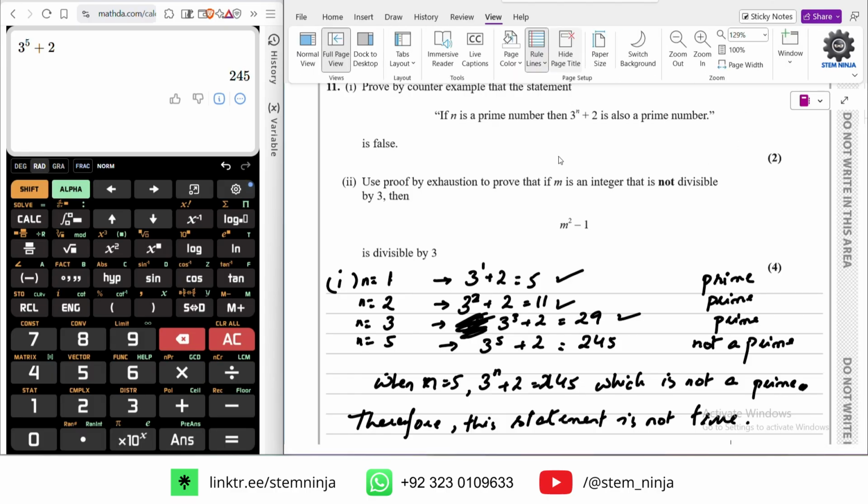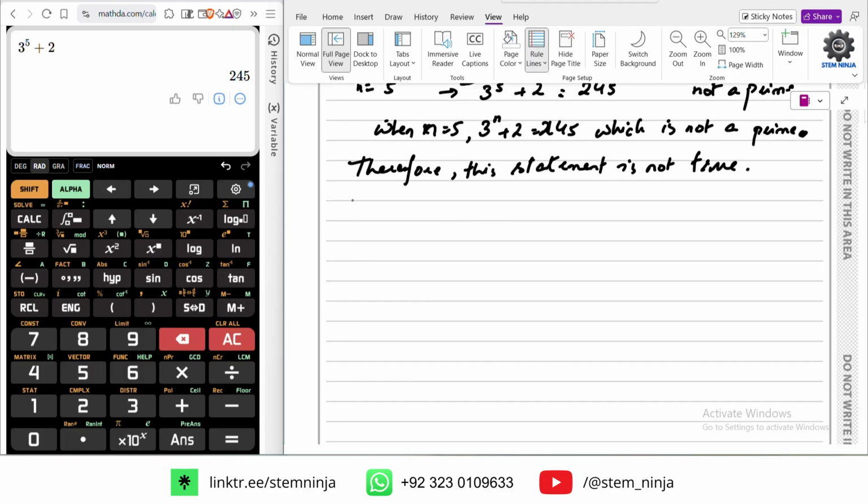Okay, alright. Use proof by exhaustion to prove that if m is an integer that is not divisible by 3, then m squared minus 1 is divisible by 3. Now this is a very fun question.